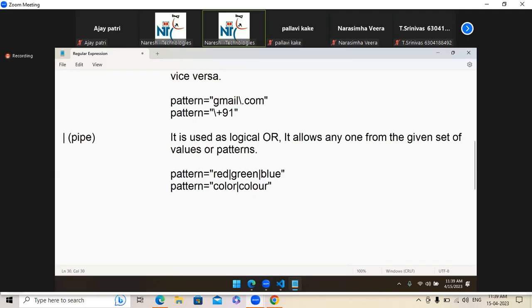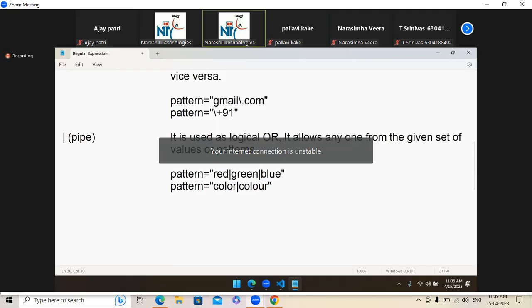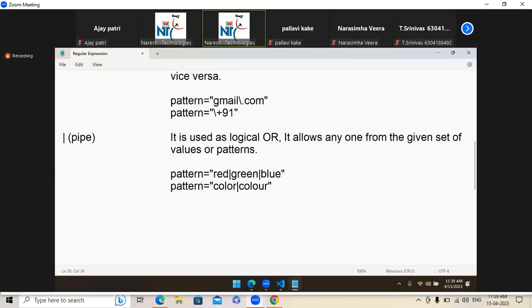You will find different concepts for the same thing on the internet. That means you are searching for a pattern on the internet, and different people will give different solutions. All will work. Then which one do you have to adopt? The one that is simple and short, not complicated.